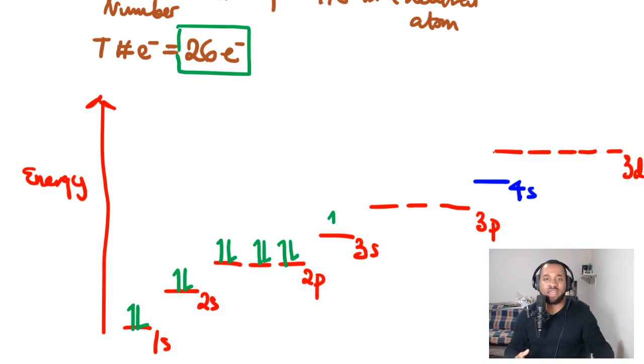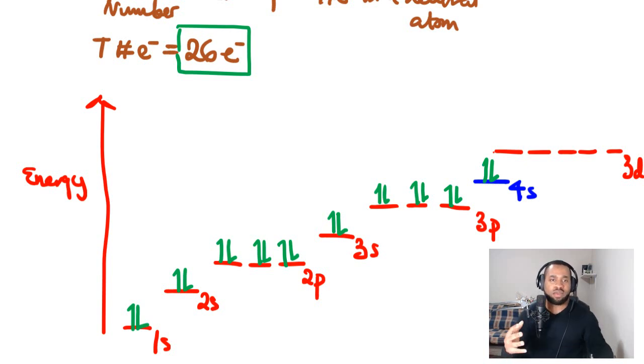Then the next one we pair up, and we do the same thing for the 3p. We add 1 electron to each orientation of the orbital, then become a paired system for this to be stable. Then our 4s will be filled first, and then we go to our 3d.